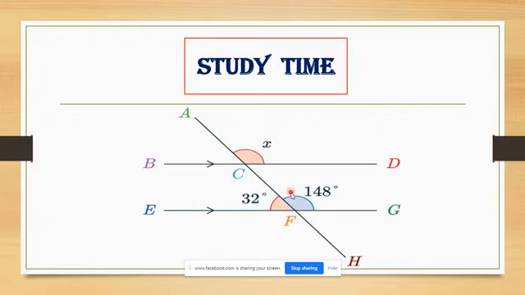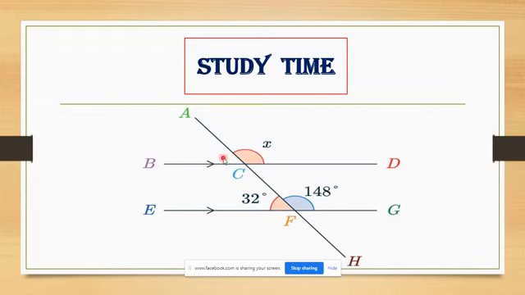Are they corresponding angles, alternate angles or interior angles? You will remember, identify and tell me what the measure of angle x could be. And this way you can measure all the remaining angles.